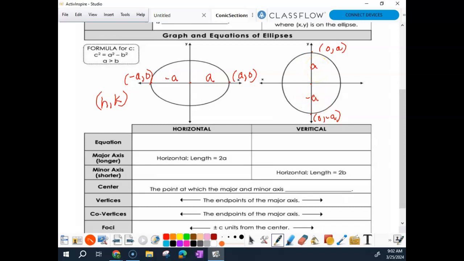So the longest distance is always A. And those are vertex. My shortest distance, which is here and here, my shortest distance is always B. And those are my co-vertex.